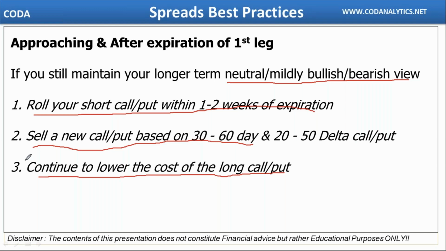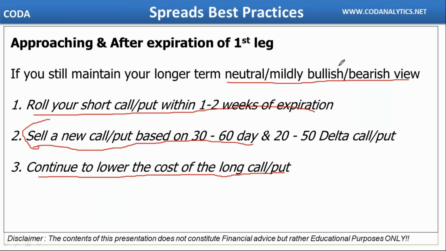Once you sell, you close out one, you can get in another one on the short side, as long as the conditions still stand, neutral to mildly bullish or bearish. That's how people make money when the stock is moving horizontally. I used to wonder how people make money that way.